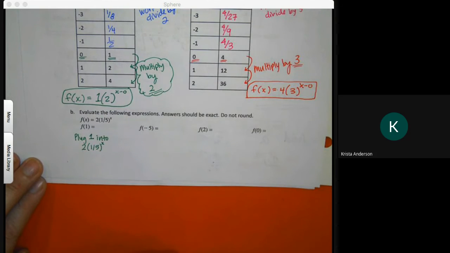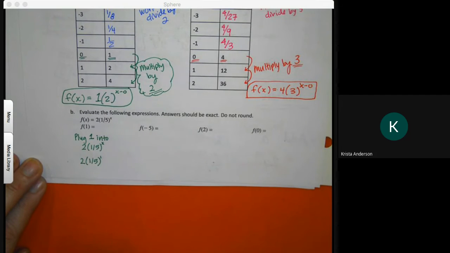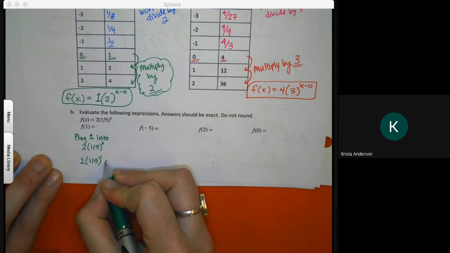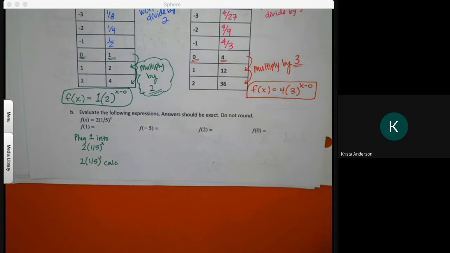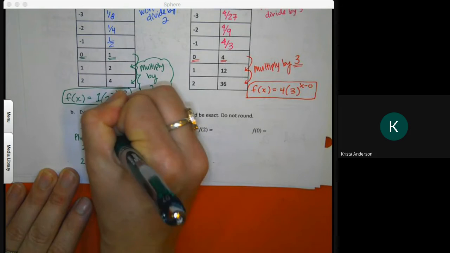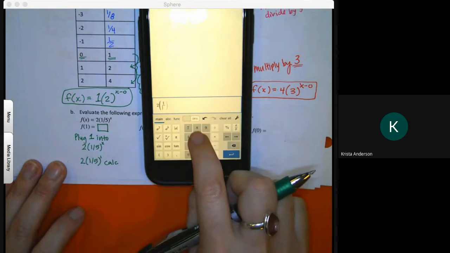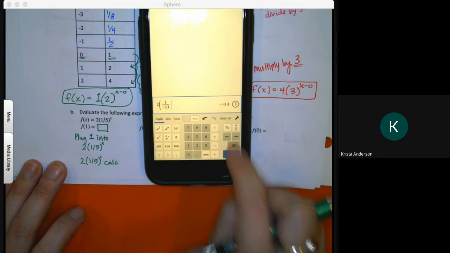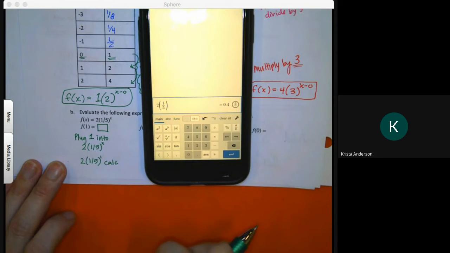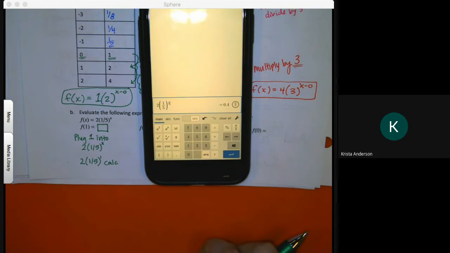So when I plug a 1 in, on my calculator, whatever my answer is for the output, that's what I'll put in my answer box. So I'm going to type that in. 2 parentheses 1/5. Whoops. And then I want a power of, it said to put a 1 there, which is 0.4.